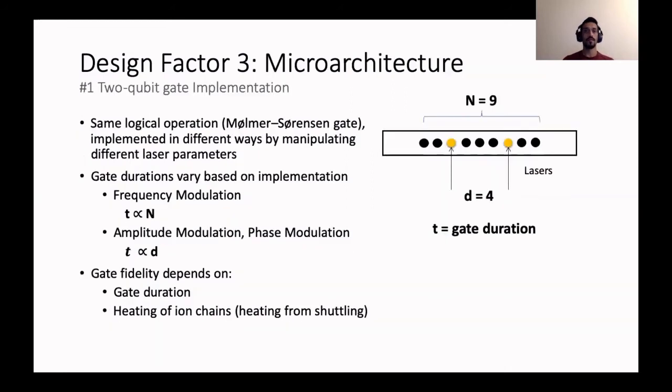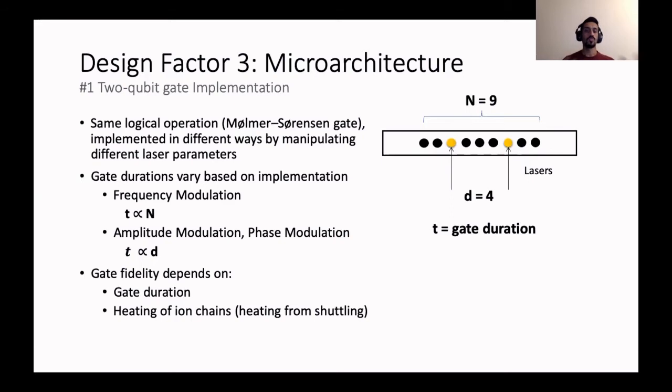Finally, looking at microarchitecture, there are 2 choices that we need to make. 1, how to implement our gates, and 2, how to implement shuttling. So in terms of gates, all the 2-qubit gates that we want to run in the system are basically the same logical operation, but there are different ways of implementing this operation in hardware by manipulating different laser parameters. So we consider the most common ways of implementing these gates, which includes frequency modulation, amplitude, and phase modulation.